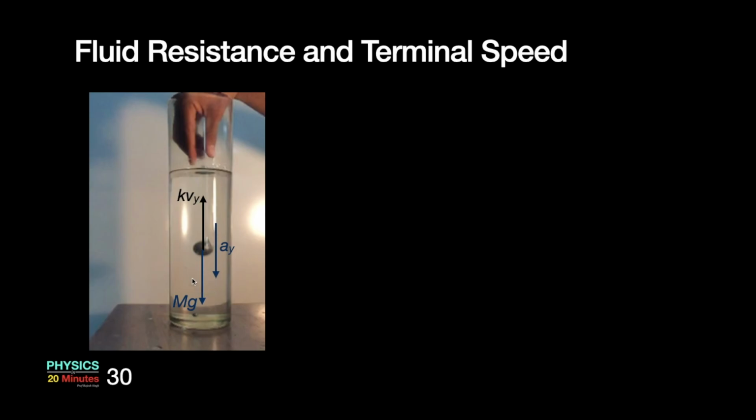I can write my Newton's law, which is sigma Fy, the sum total of all the forces along the y direction. So kVy is working in the upward direction, so we take it as positive. mg is working in the downward direction, so we take it as negative, is equal to ay, which is working in the downward direction, so we take it as negative, m ay.